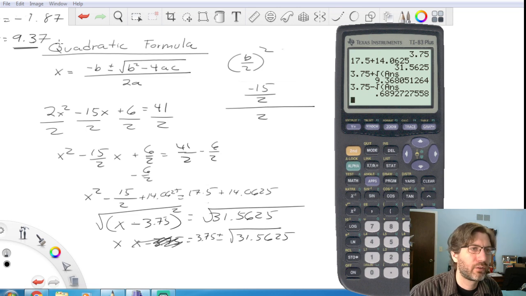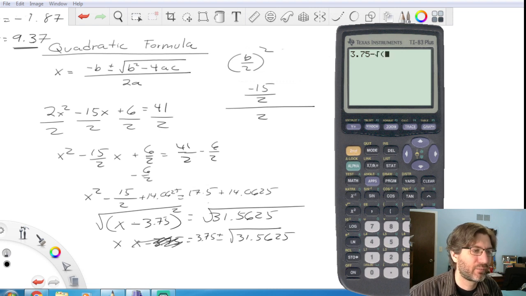Did I change the right thing? Oh, that's because I put the answer in wrong. 3.75 minus the square root of 31.5625. And there's your answer.